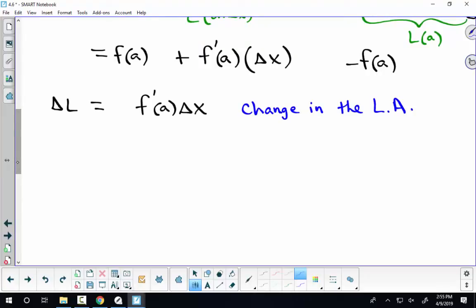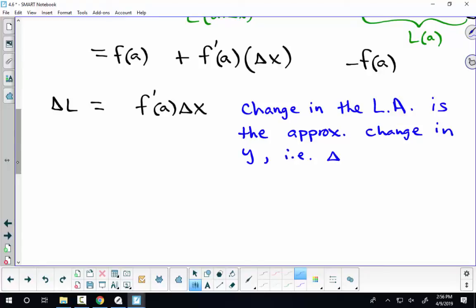So to distinguish between the actual change of the function and the change in the linear approximation, let's go ahead and explicitly state that, it is the approximate change in y.